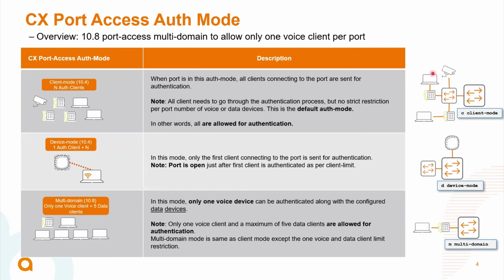So every client that gets connected, by default with the client limit, if you have configured the client limit, let's consider here I have 6 clients. If I configure the client limit as 6, then all the clients will be sent for authentication by the AOS CX switch. Depending on the authorization, access accept, it will be assigned the RADIUS role or the DUR or the LUR role. That is client mode.